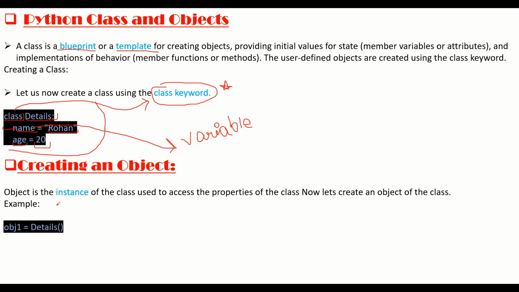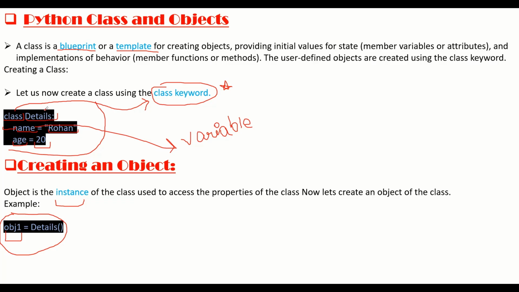Creating an object. An object is an instance of the class used to access the properties of the class. Now let's create an object of the class. So guys, how do we create an object of this class? In this way, create a variable obj or object1 and assign its value as details.